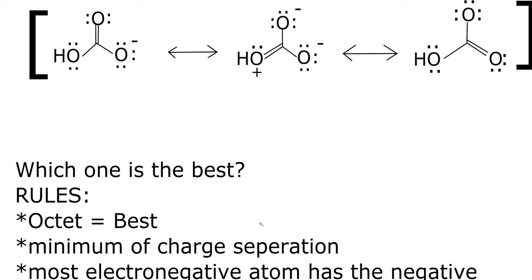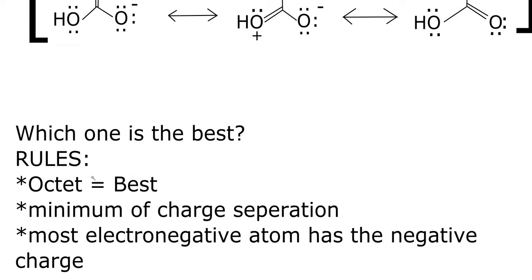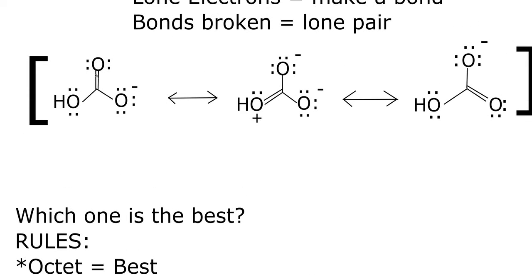Let me move this over. Octet is always the best. If you have an octet around every atom, that is your best major resonance contributor. If they all have octets, like in this case, we have an octet on 2, 4, 6, 8 on this oxygen. We have an octet on this one, 2, 4, 6, and we have a single bond here, so it's 8. A duet, which is what hydrogen can have. So all these have octets if you count them.